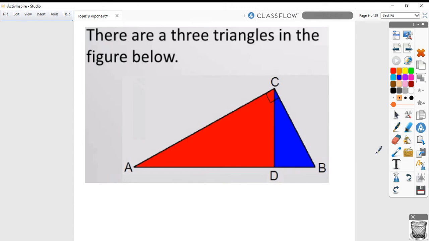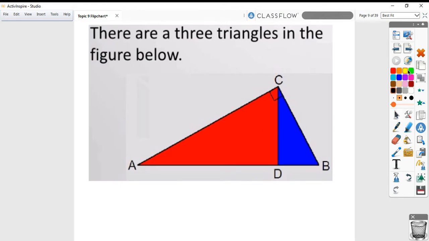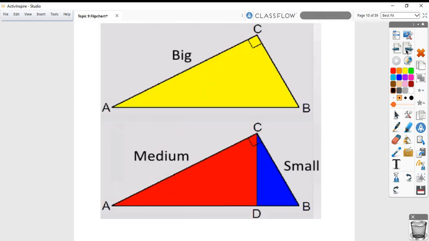Obviously we split it into one triangle on the right that's really small, one on the left, but we also can't forget the original triangle that we started with. We've got ADC, we've got BDC, but we've also still got our original big triangle.